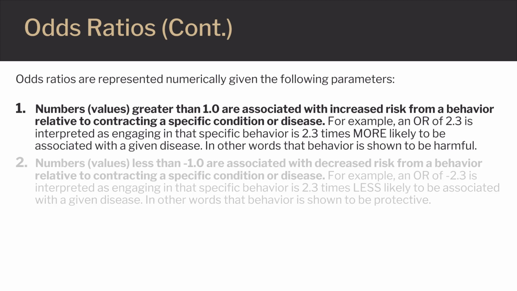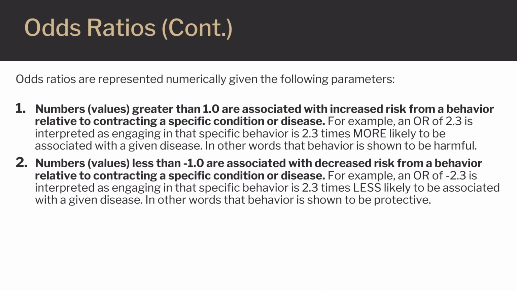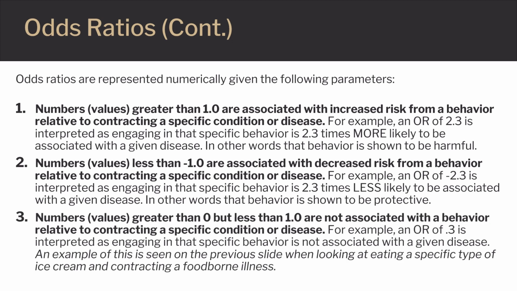In contrast, an OR of minus 2.3 can be interpreted to mean that if we engage in that specific behavior, we are 2.3 times less likely of contracting that disease or condition. Basically, numbers greater than 1.0 indicate harmfulness, while numbers less than 1.0 indicate protectiveness. Finally, numbers between 1.0 and minus 1.0, such as 0.55, indicate that a given behavior is not statistically associated with any type of risk for a given disease or condition.